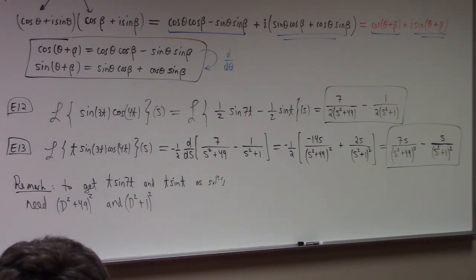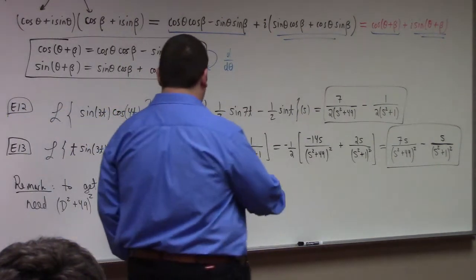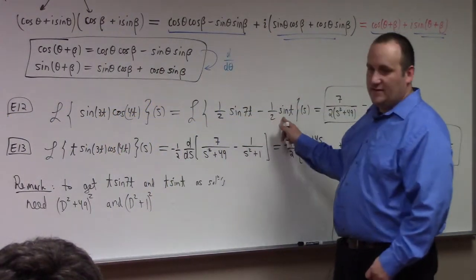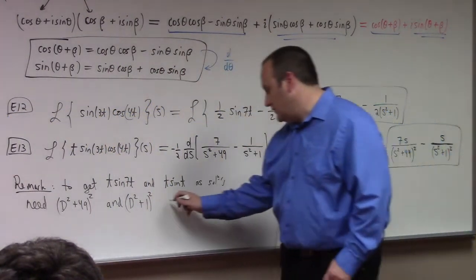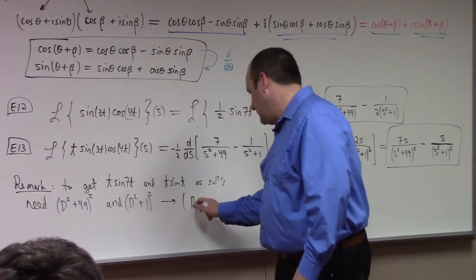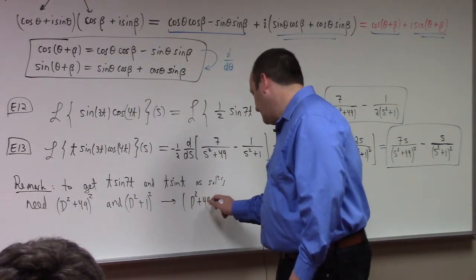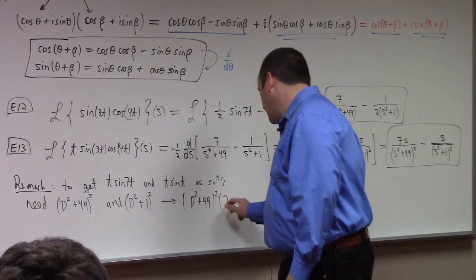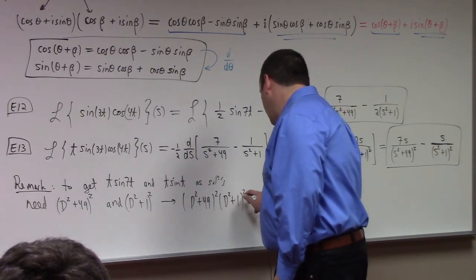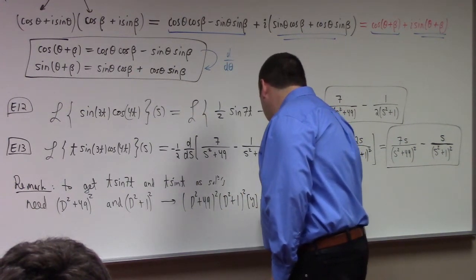In other words, this would be attached to an 8th order problem, because the differential equation would be D squared plus 49 squared times D squared plus 1 squared times y equals 0.